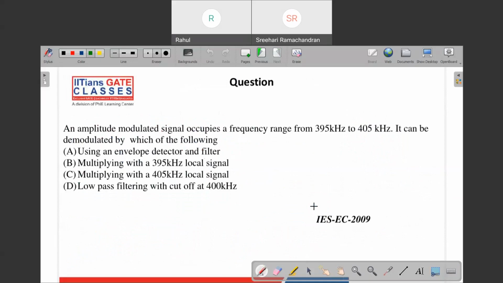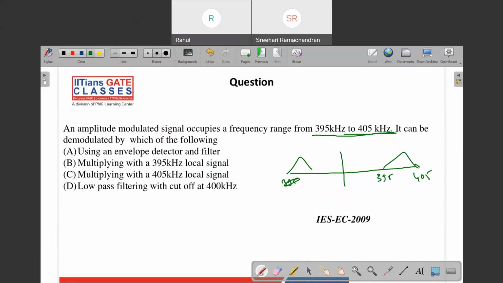Okay. This question is based on the AM signal. So let's say we have an AM signal and it occupies a frequency in the range from 395 to 405. So its spectrum is something like this. It is there from 395 to 405.